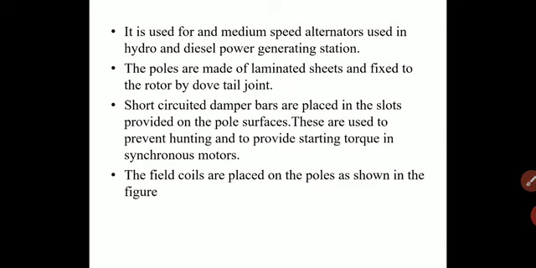Short circuited damper bars are placed in the slots provided on the pole surface. These are used to prevent hunting and to provide starting torque in a synchronous motor.